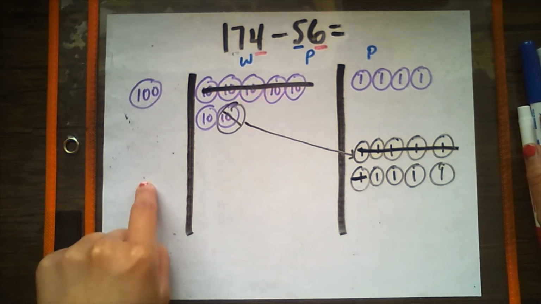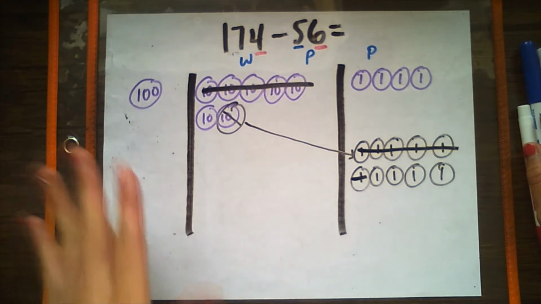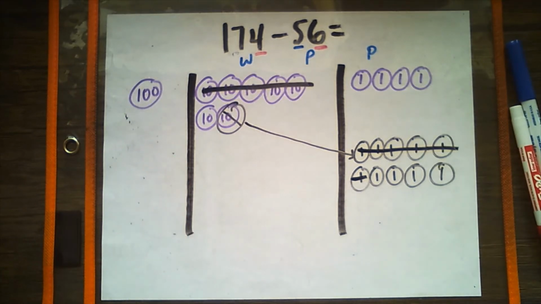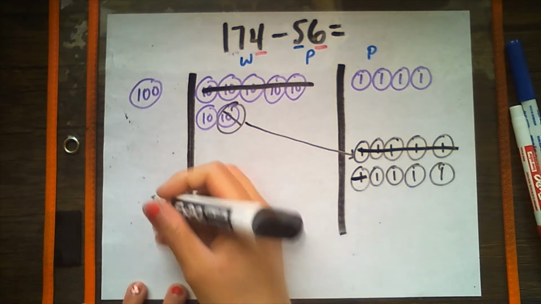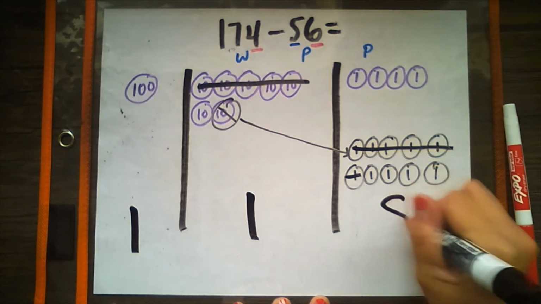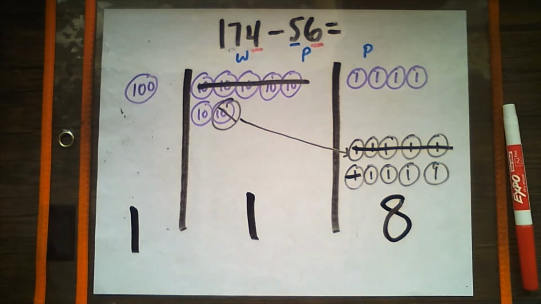How many hundreds are we taking away? None. So, how many hundreds do we have left? 100. We have 100 left, 10 tens left, and 8 ones left.